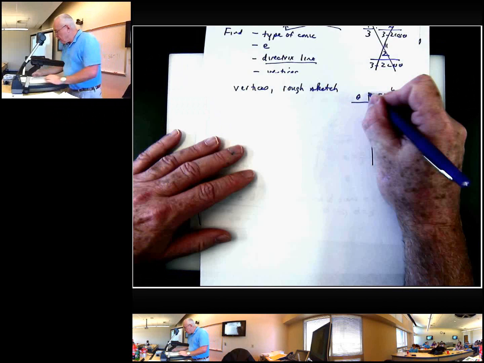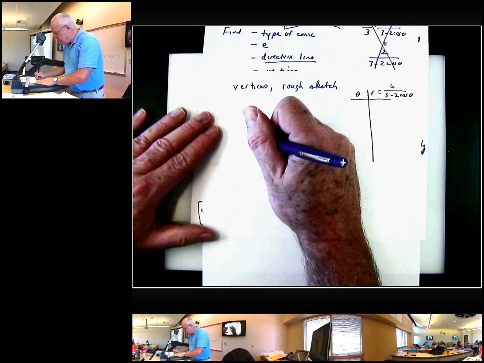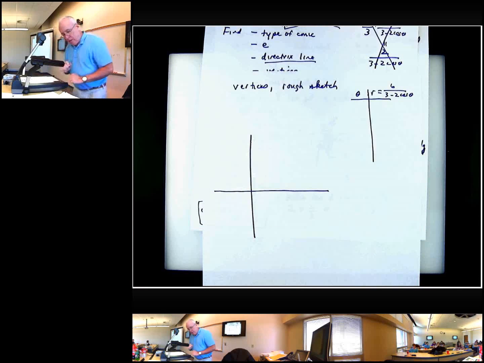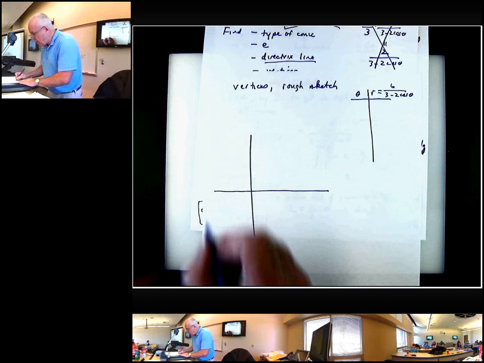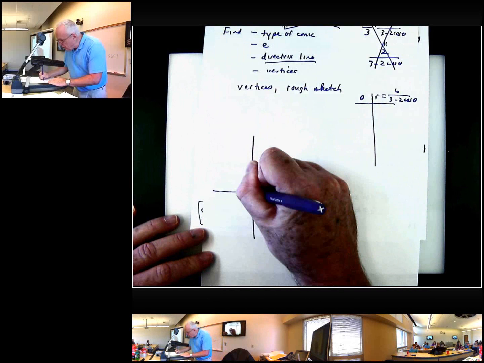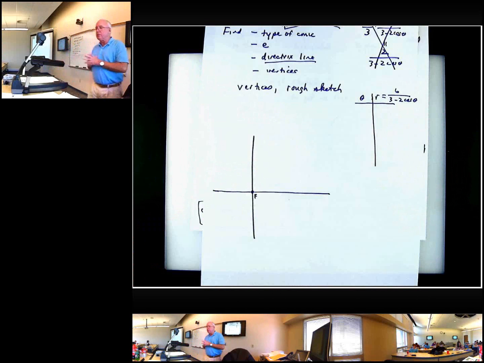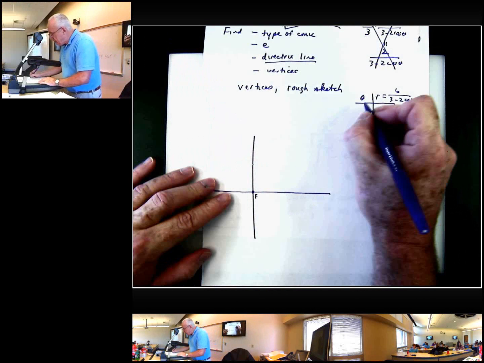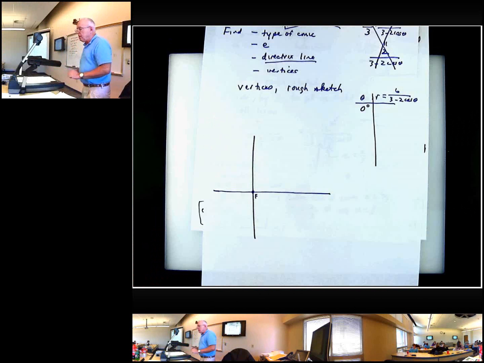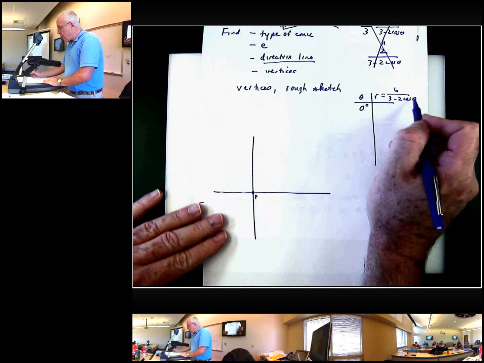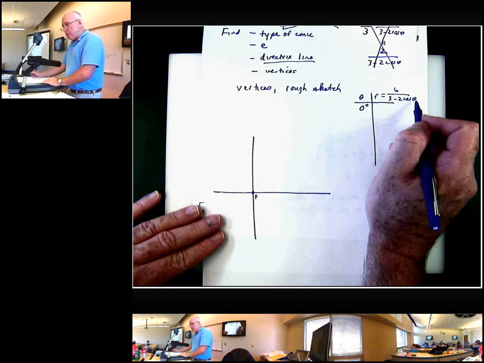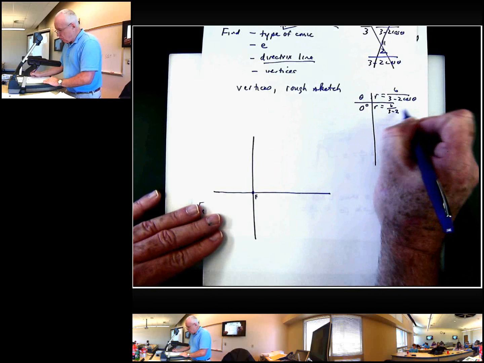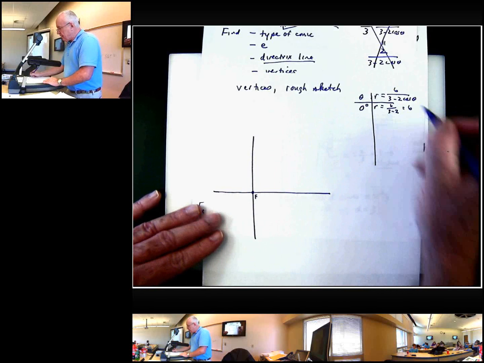All right. And let me start here. A rough graph. We know that right here, I'm going to have one of the foci right there at (0, 0). Now when theta is equal to 0 degrees, I plug that into my R formula, and the cosine of 0 is 1. So R is equal to 6/(3 - 2), and so that's going to be 6.